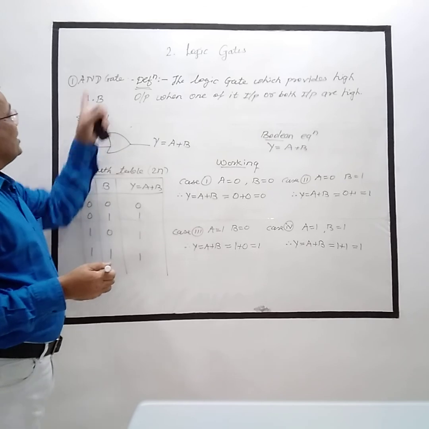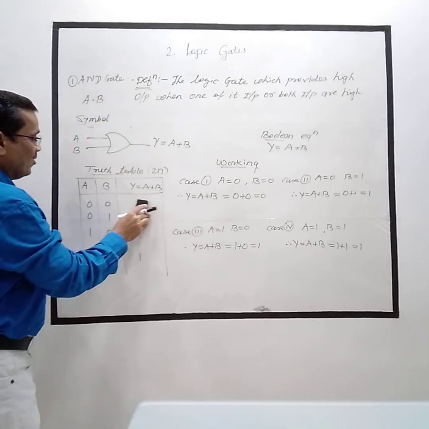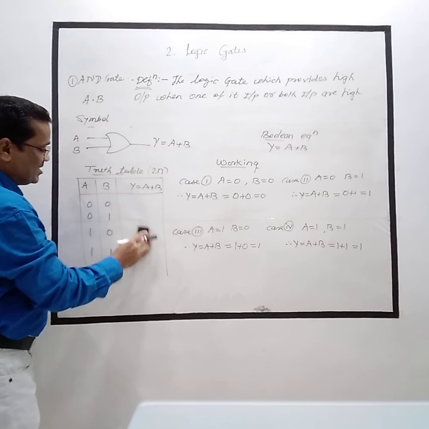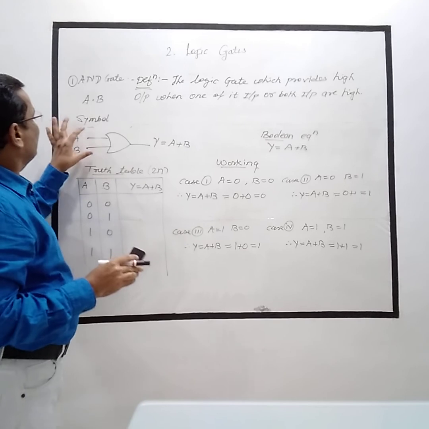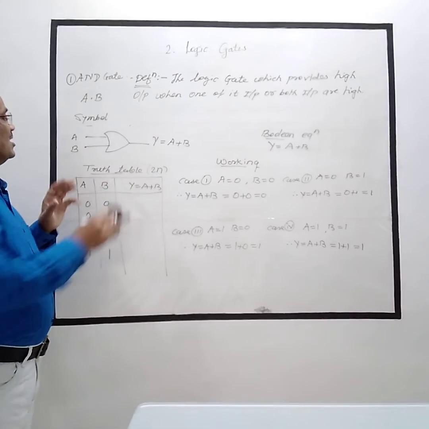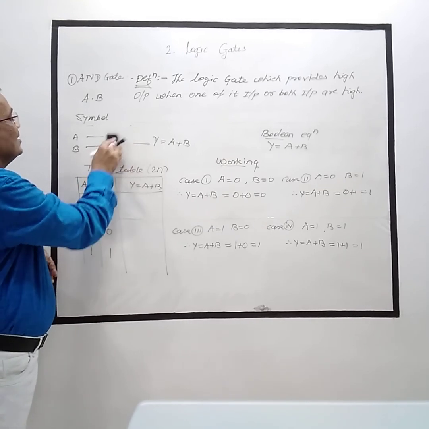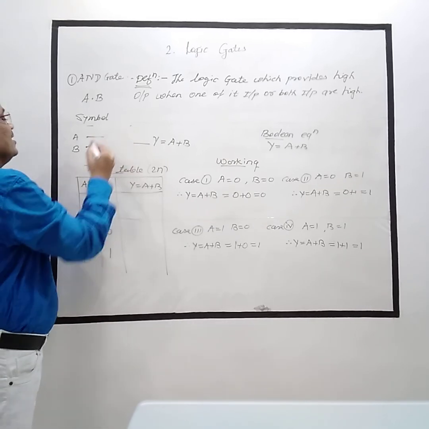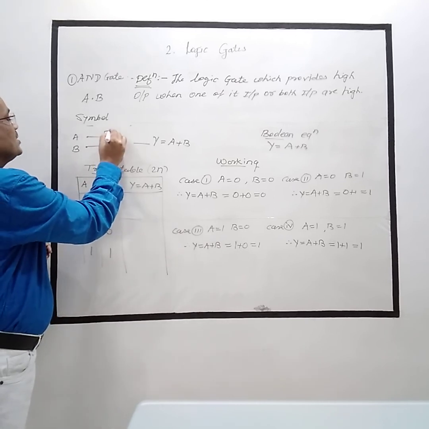Now how do we define this AND gate? The truth table's possible combinations will remain the same. We consider the AND gate of 2 inputs. So the AND gate's symbol will be like this, like a capital D. So it is the AND gate.